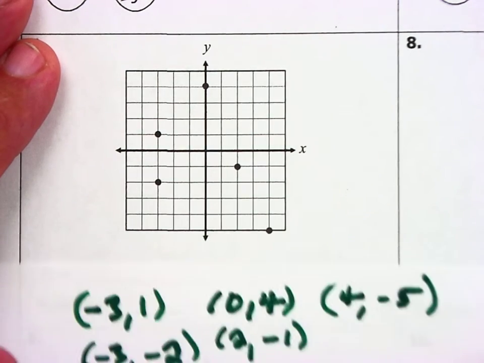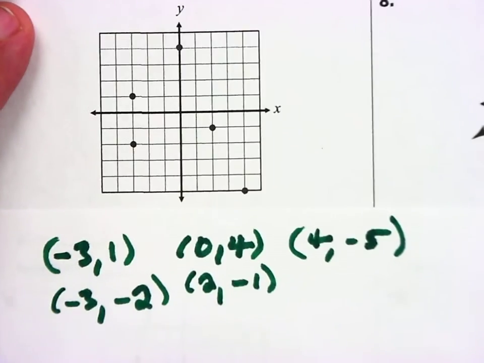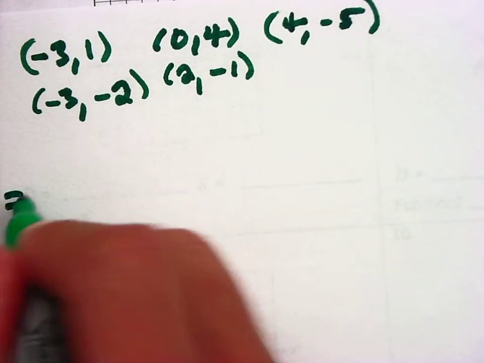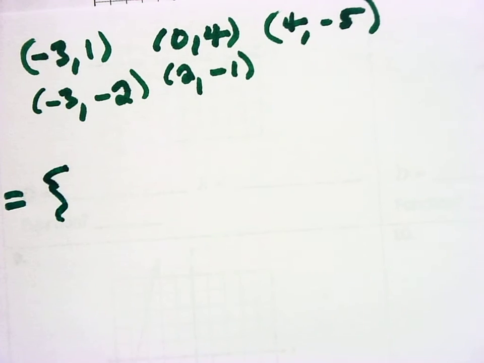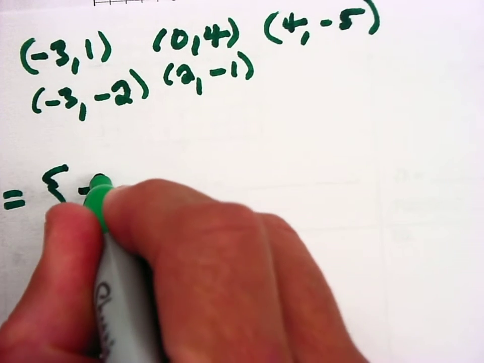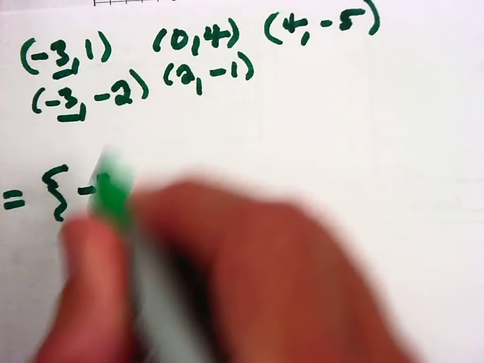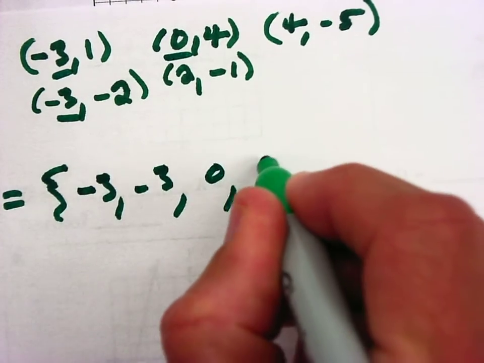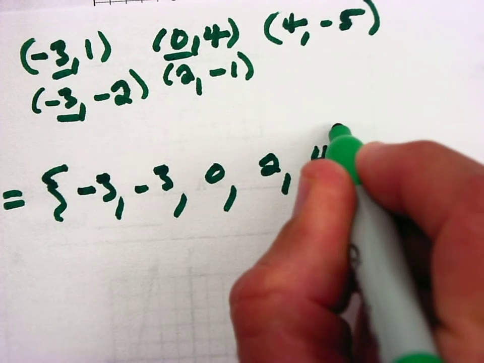All right, they want the domain, they want the range. So I can move that graph. We already pulled that off of there. All right, the domain is what? Ooh, very good. It's going to be all the x values. All right, so all the x values, I see a -3, I see another -3, I see a 0, I see a 2, and I see a 4.